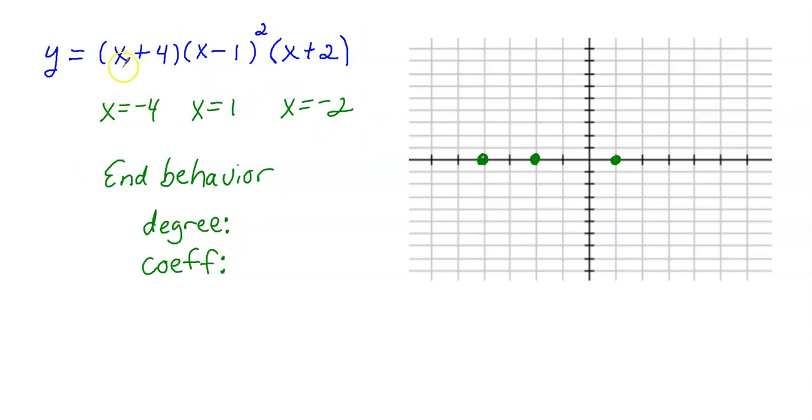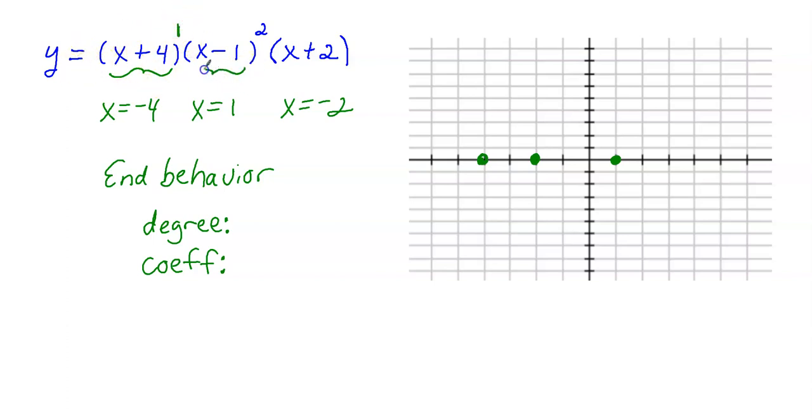And what you really would need to do is multiply this all out and see what the exponent is of the x. But I'm going to show you a trick, and this works when it's in factored form. So watch how I do this. This x plus 4 really has an exponent of 1. There's that hidden 1 again. It likes to play hide and seek, right? So if there's no exponent with this factor, there's a 1 there.